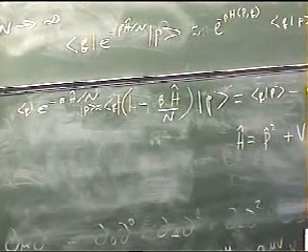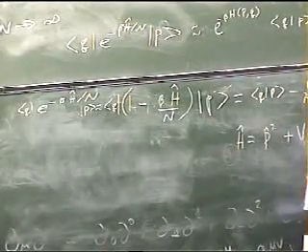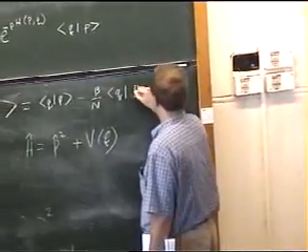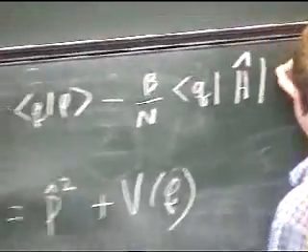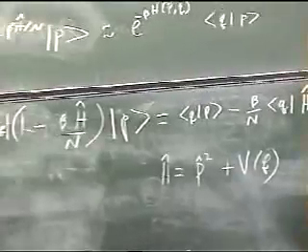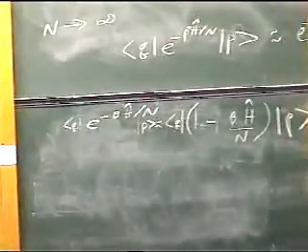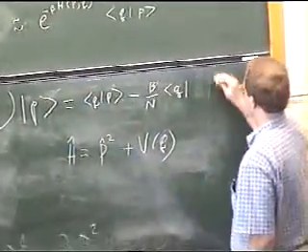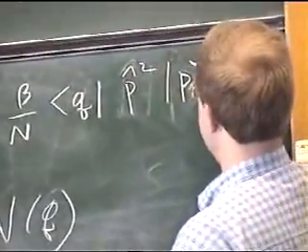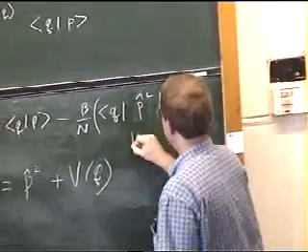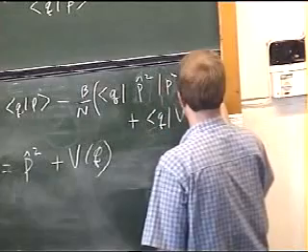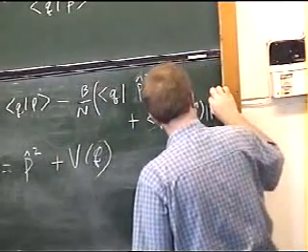So then I have minus beta over n, and then I want to evaluate the matrix element of h hat between q and p. I've just said that h hat has this form, so let me put in p hat squared plus v of q hat, oops, almost out of room, between q and p.